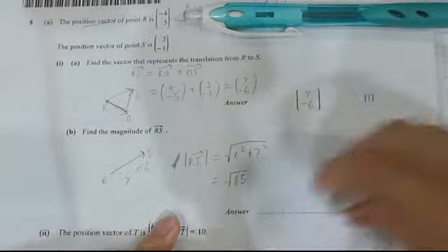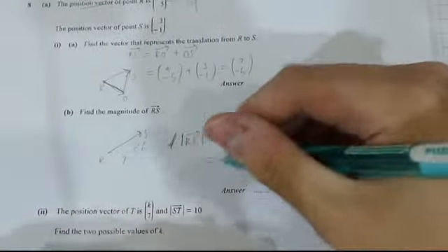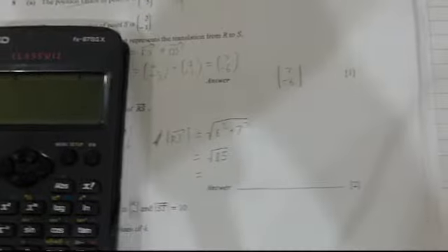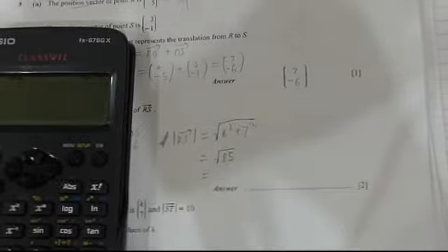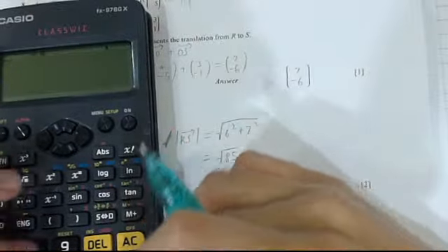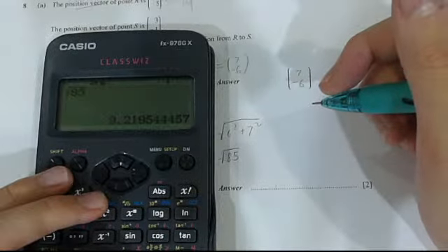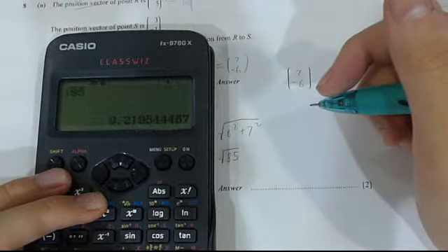Okay, then I guess I'll round this off. Square root of 85 is nothing but 9.9.